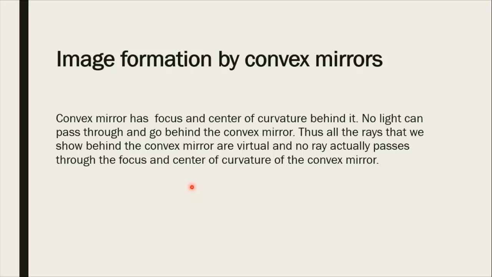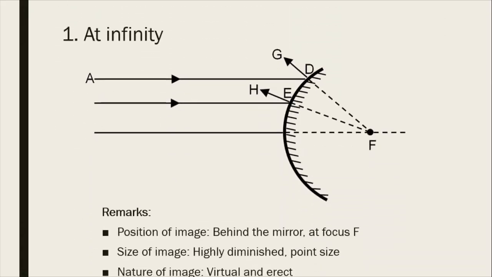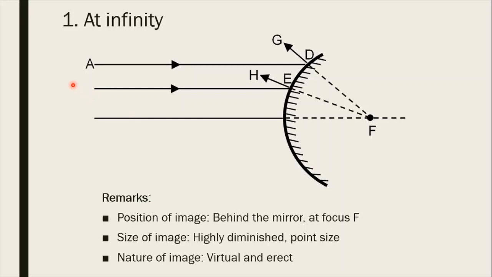There are two positions that we are going to consider in case of image formation by a convex mirror. The first position will be when the object is kept at infinity. We take two rays. Both the rays are paraxial rays. After its incidence on the mirror, both the rays get reflected and appear to diverge.